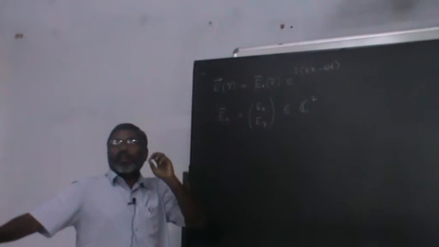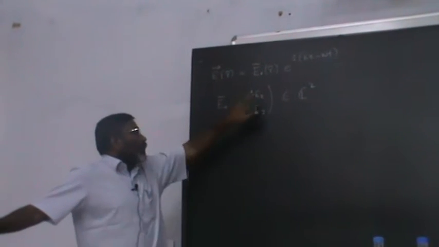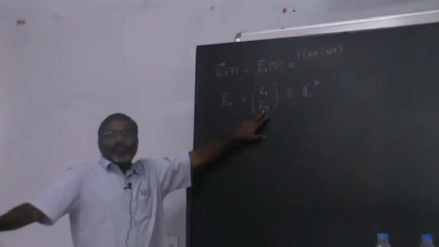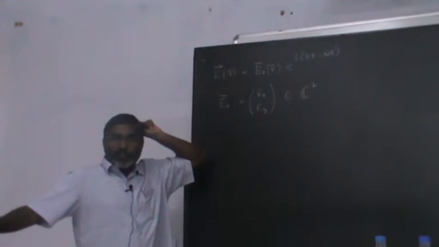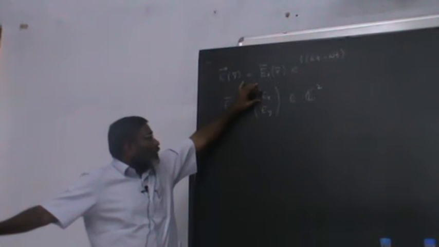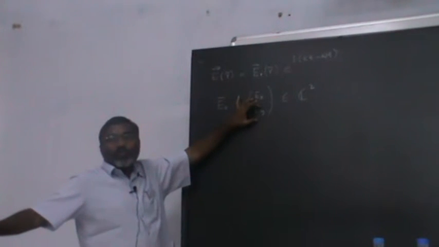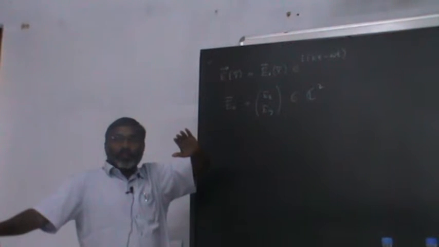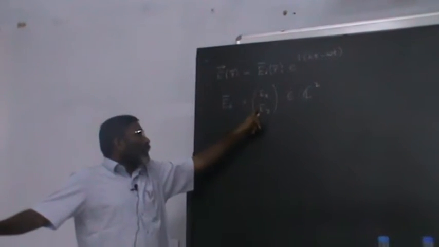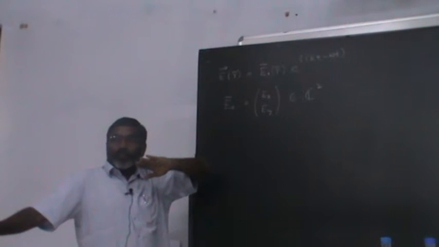You can define that as a horizontal polarization. But if this is 0 and this is 1, only this is there, then you can call this a vertical polarization. But if both are there, 1 by root 2 times this and 1 by root 2 times this, then you can call that a 45 degrees polarization. Similarly, with the minus sign, you can talk about minus 45 degrees polarization.